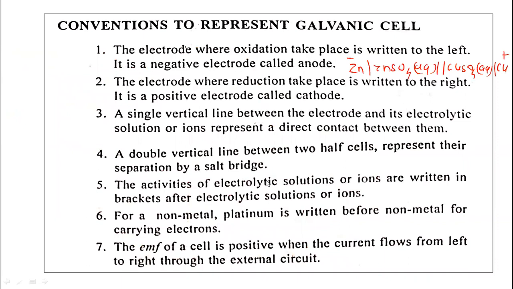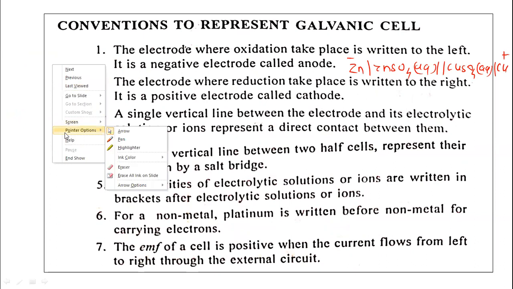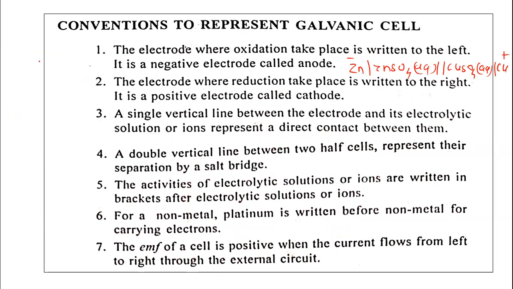Now, the activities of the electrolytic solution or ions are written in brackets after the electrolytic solution or ions. It means whatever concentration is given here belongs to the electrolyte. Suppose the zinc electrode is in contact with the zinc sulfate solution.